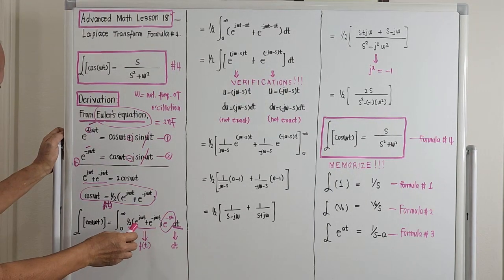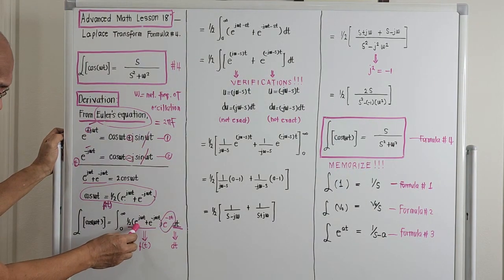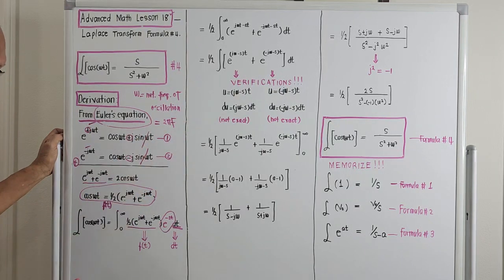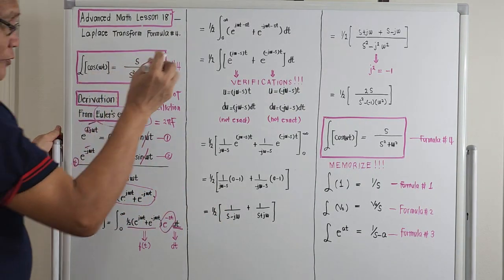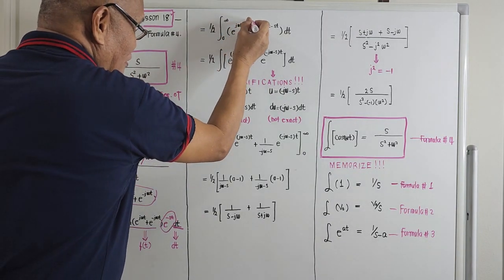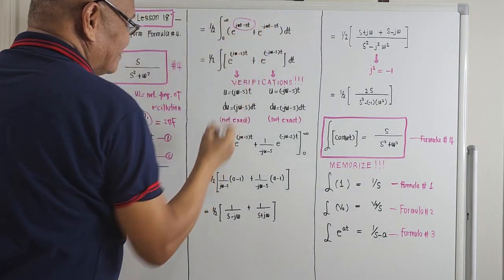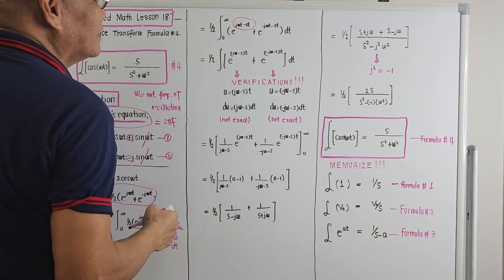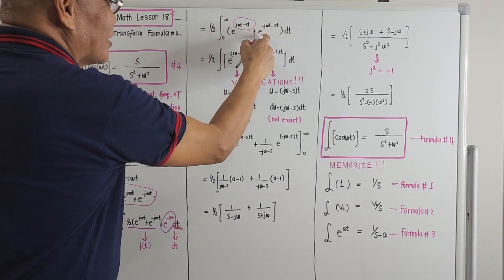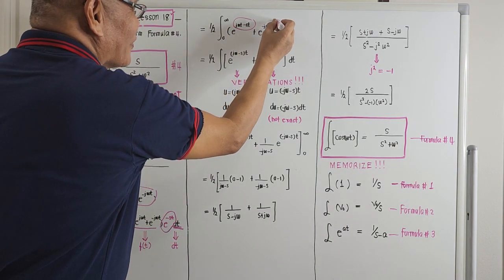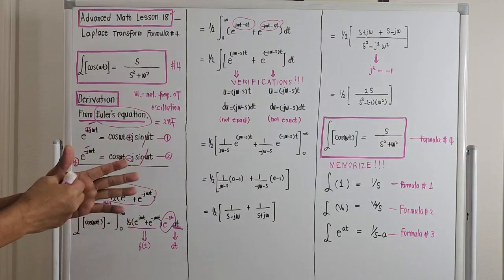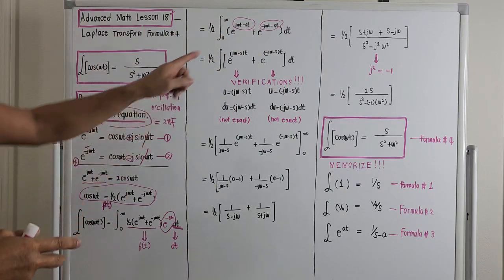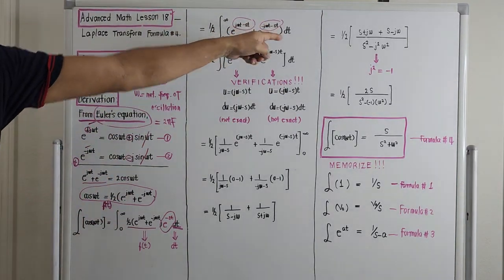We now apply the laws of exponent here. Same base, different exponents. If we expand, the exponent of the first one is the sum of the exponents: j omega t minus st. Second one, it will be minus j omega t minus st. Laws of exponent: same base, then the sum of the exponent.